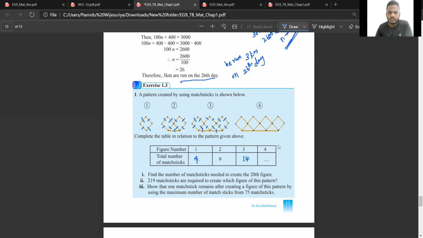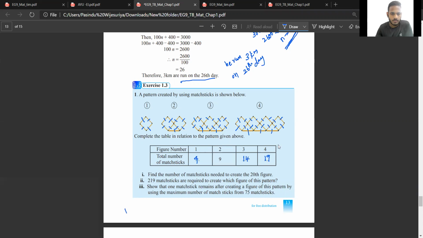Then you can just guess the next one as 19. Let's count it. 1, 2, 3, 4, 5, 6, 7, 8, 10, 11, 12, 13, 14, 15, 16, 17, 18, 19. Then find the number of matchsticks needed to create the 20th figure.